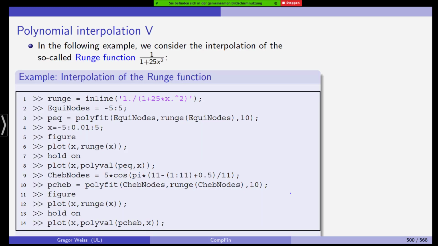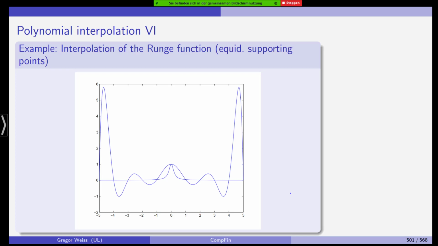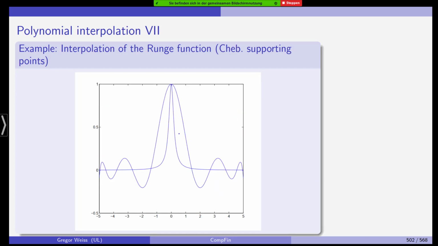And let's use this to interpolate the Runge function, 1 divided by 1 plus 25 times x squared. And if we use the Chebyshev nodes instead of equidistant nodes, you can see that this is using the equidistant points. It oscillates from -1 to almost 6. And if we use the Chebyshev supporting points, it will oscillate from less than 0.5 up until 1.